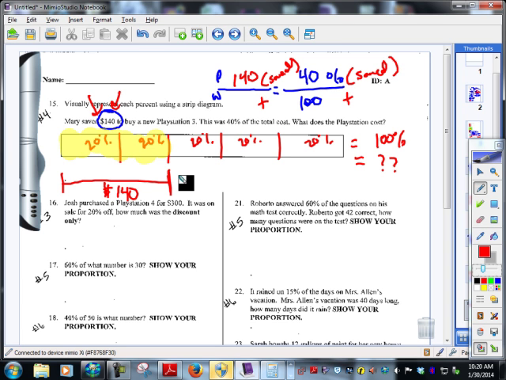$140. It says that she saved $140. This is 40% of the total cost. So she only has this much saved. Do you guys see it? She only has 2 of those sections saved. So that means I need to figure out how much in each section. So I need to do 140 divided by 2. That's going to tell me that it is $70 in each section.